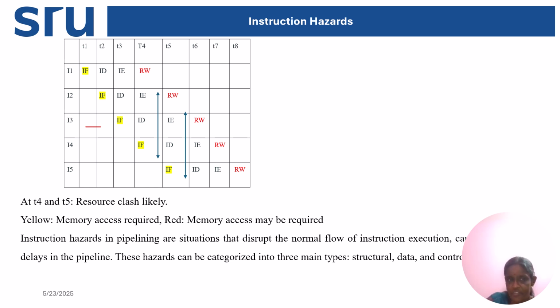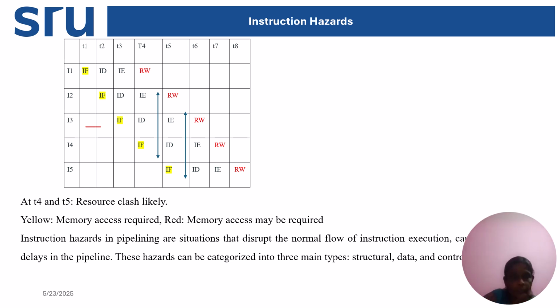It will be left, because if it starts here, then automatically two stages of two instructions will be the same, then it is also erratic. That is why after leaving two clock cycles, the third instruction will start. In the same way, the fourth instruction after leaving three, and the fifth instruction after leaving four clock cycles, it will start.